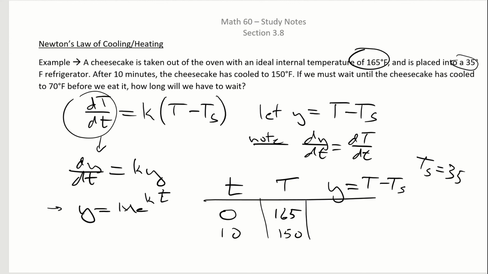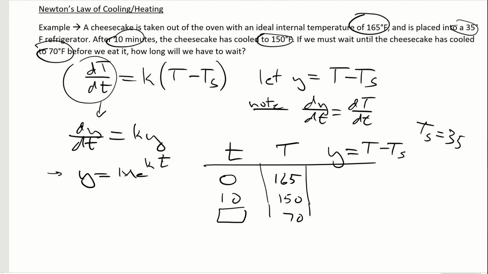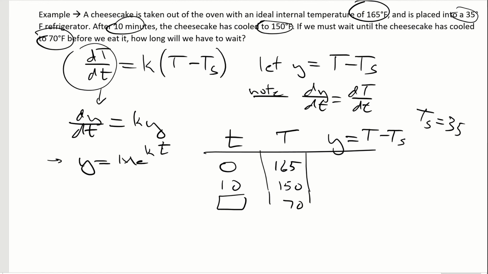So it is cooling down. And the problem says, I'm hungry. When is it, question mark? When is it 70 so I can eat it? That's this number. So we're using the 10, the 150, we're using it all. But now this is how you translate it. Instead of going with T, you go with y. Remember, y is the temperature minus its surroundings.